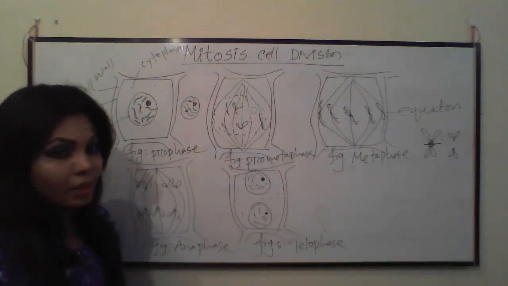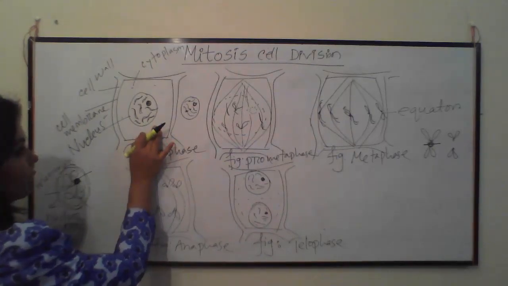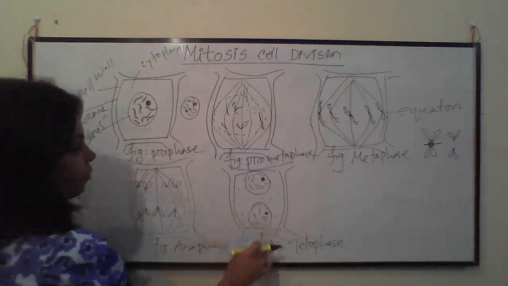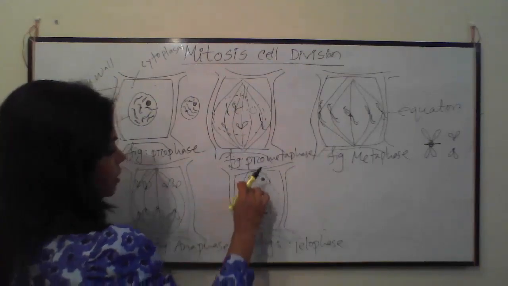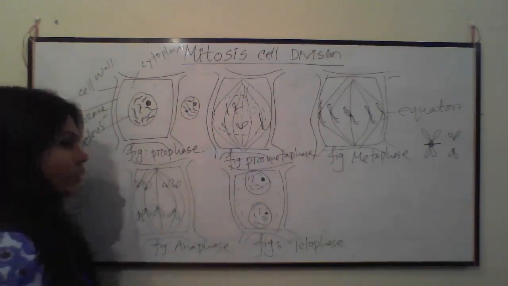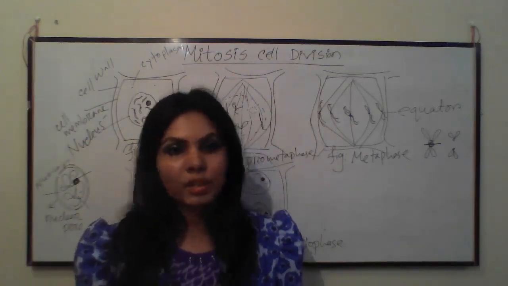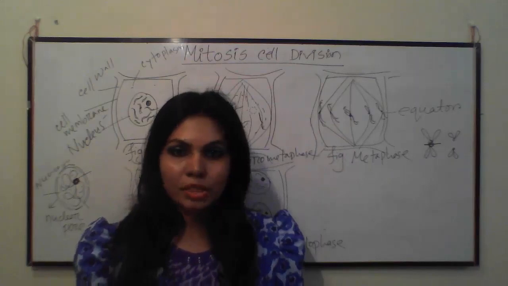The spindle fibers disappear, and the nuclear membrane and nucleolus reappear. Two daughter cells are already produced. So see, this is the mother cell of a plant cell, and now in telophase, two daughter cells are already produced. This is the summary of mitosis cell division.